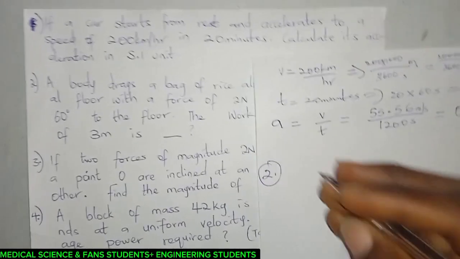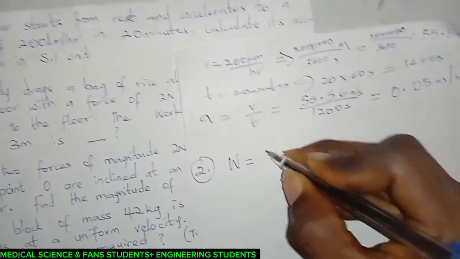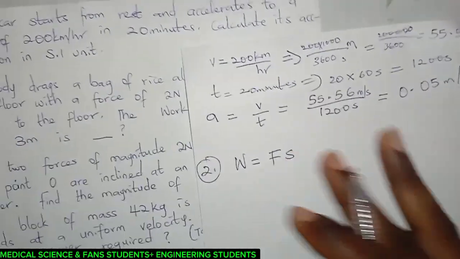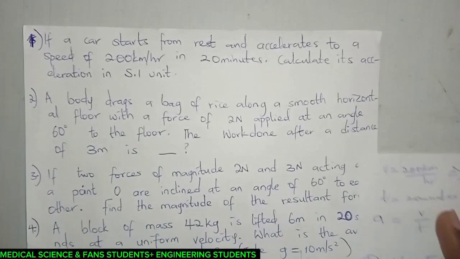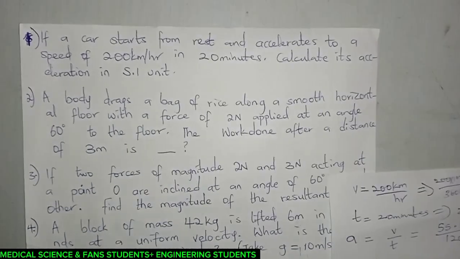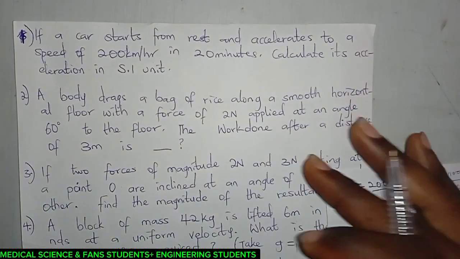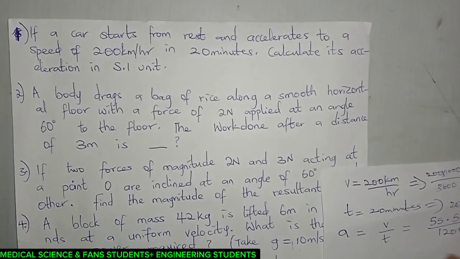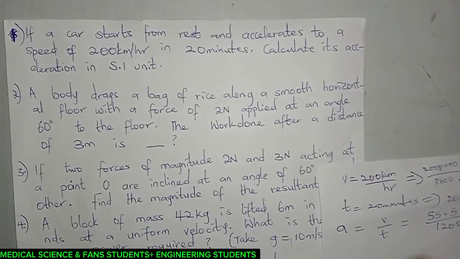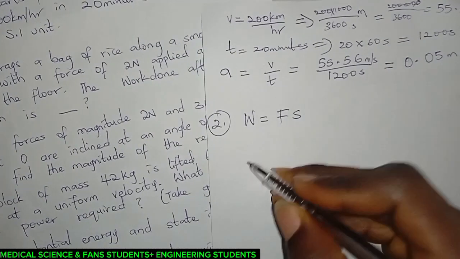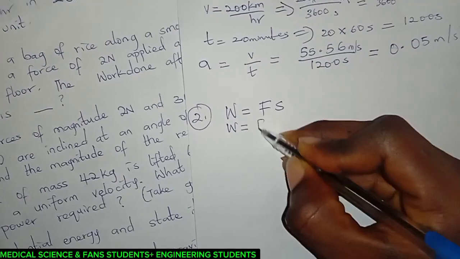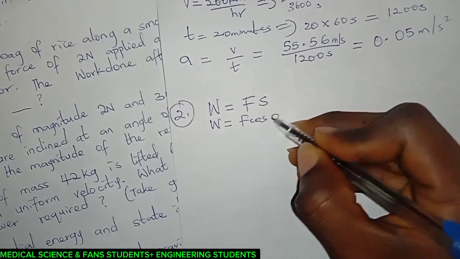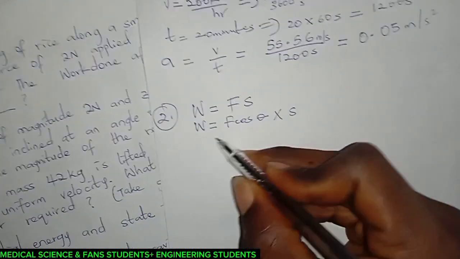So we need to first of all ask ourselves, work done is equal to force times displacement. When work is done at an angle to the horizontal, we know that the component is always cos theta. So work will now become F cos theta times displacement.